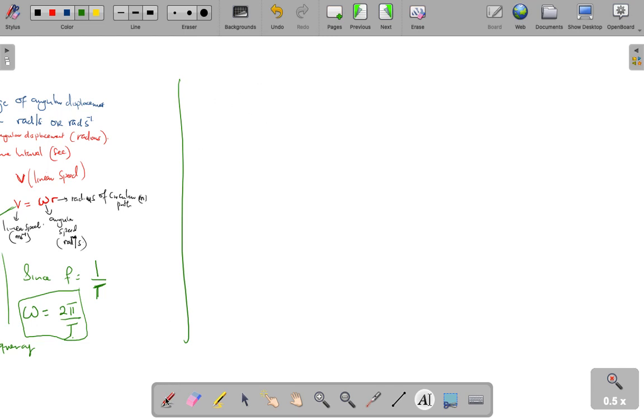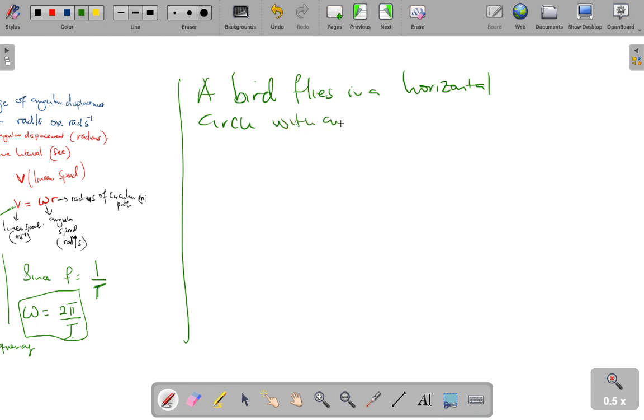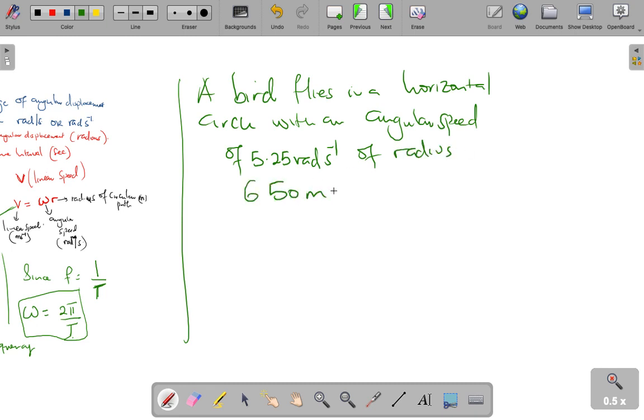A bird flies in a horizontal circle with an angular speed of 5.25 rads per second, of radius 650 meters.